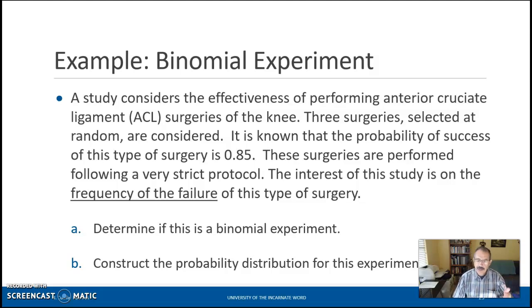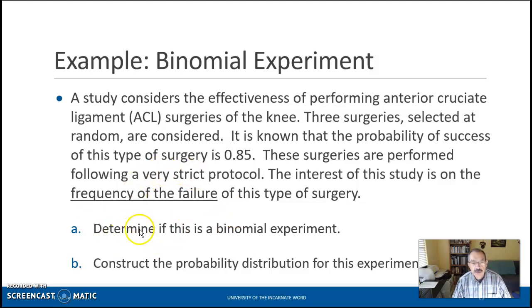So in this particular case, 3 surgeries are selected at random, and it is known from the history of these surgeries that the probability that a surgery is successful for the patient is 0.85. Now, the surgeries are performed following a very strict protocol. And the interest of the study, as we said, is on the frequency of failure of this type of surgery. So we're not interested in the success, but whether they fail. So this is the event of interest, if you will.